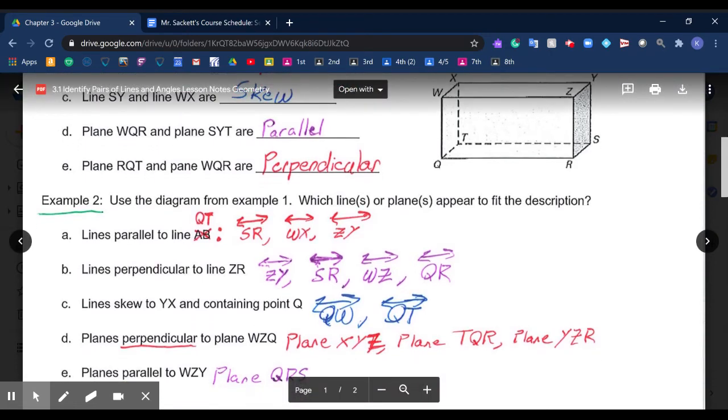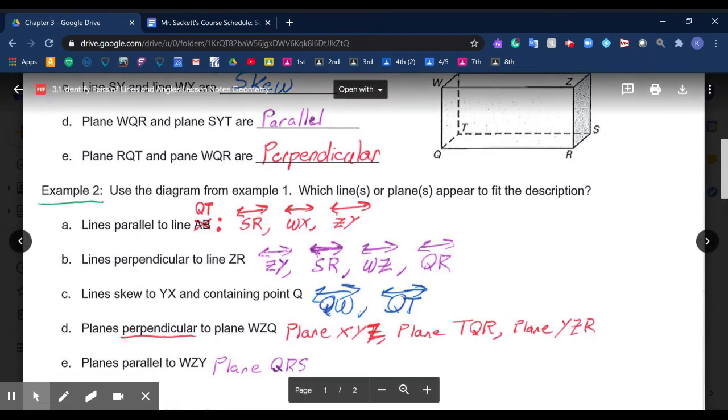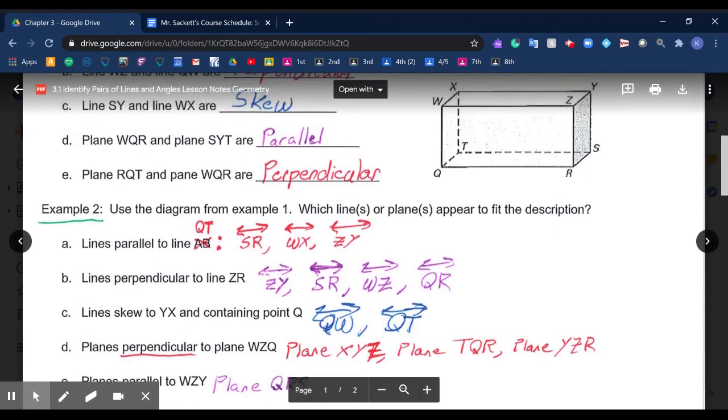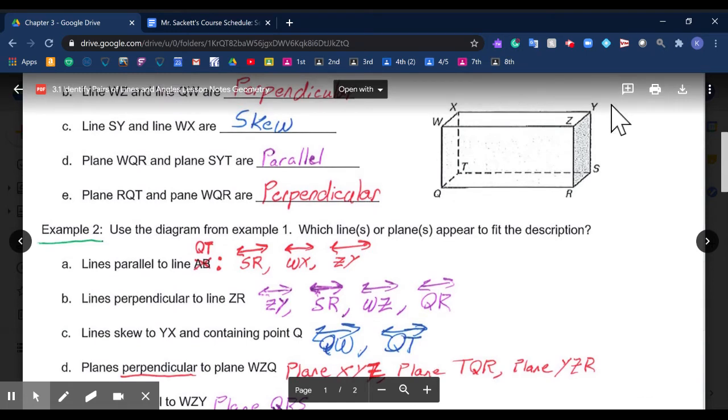Then for part C, lines skew to YX and containing point Q. YX being up on the back here, skew to that and containing point Q, we would have TQ and QW.